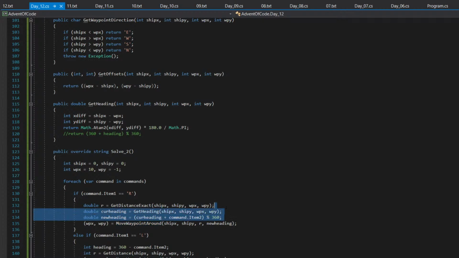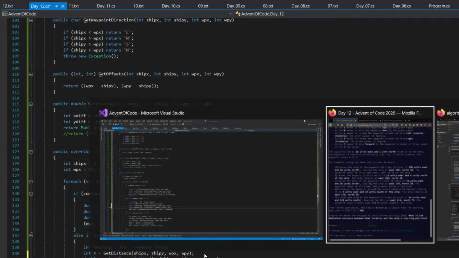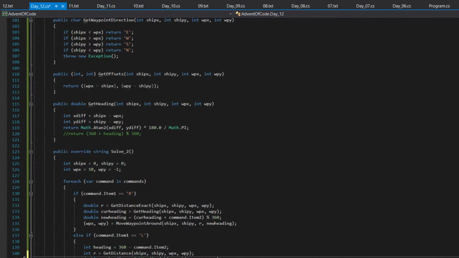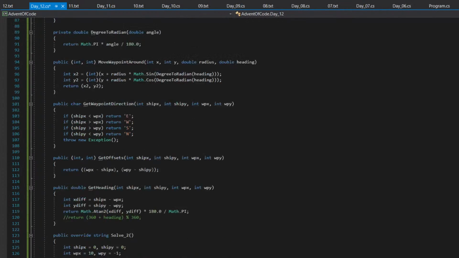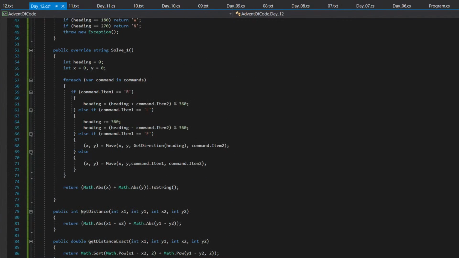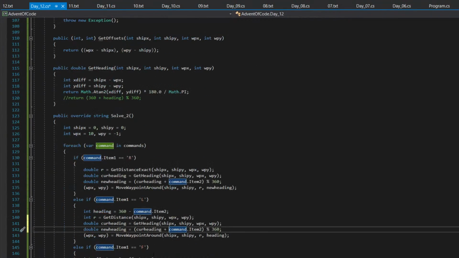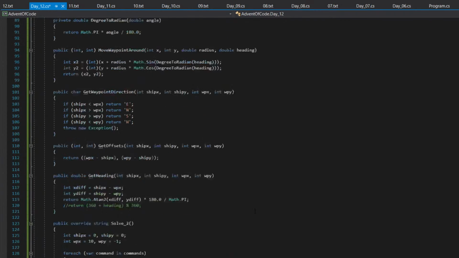Alright, but for moving left, I wish they put something in here to explain left. How did we do it before? To move left, it was heading minus item 2. So we need current heading minus item 2.